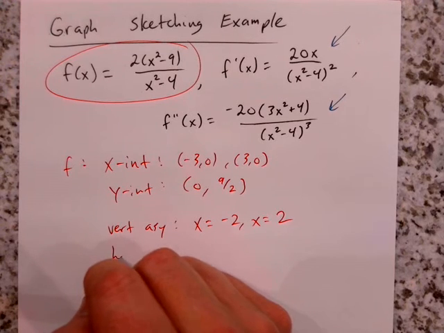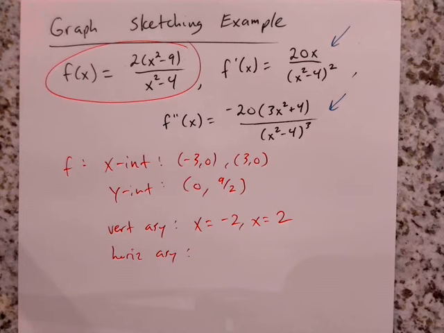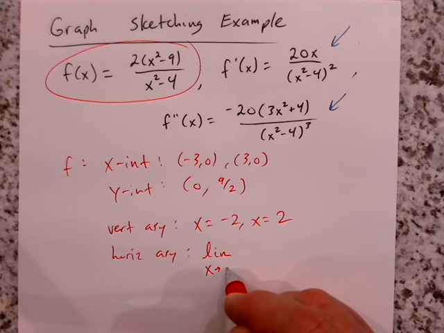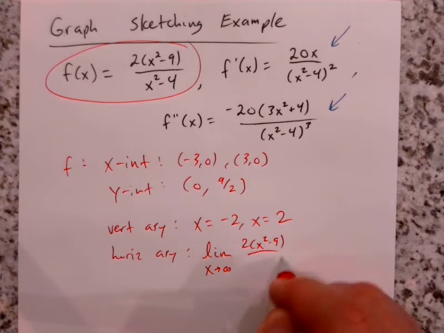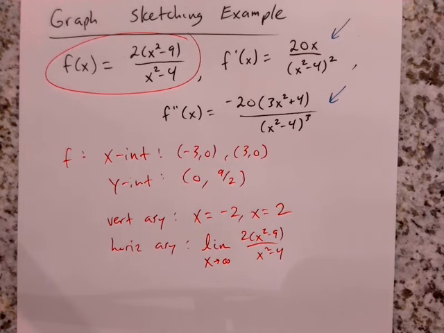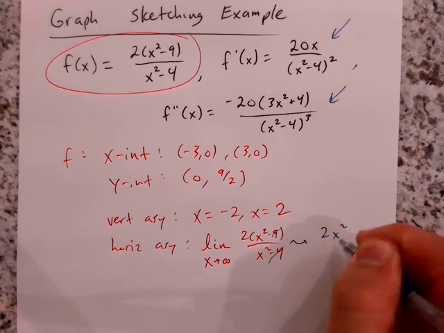The horizontal asymptote, that is the limit as x approaches infinity and -infinity of our function. Now, as x goes to infinity, these constant values essentially become nothing, and our function turns into 2x squared over x squared.